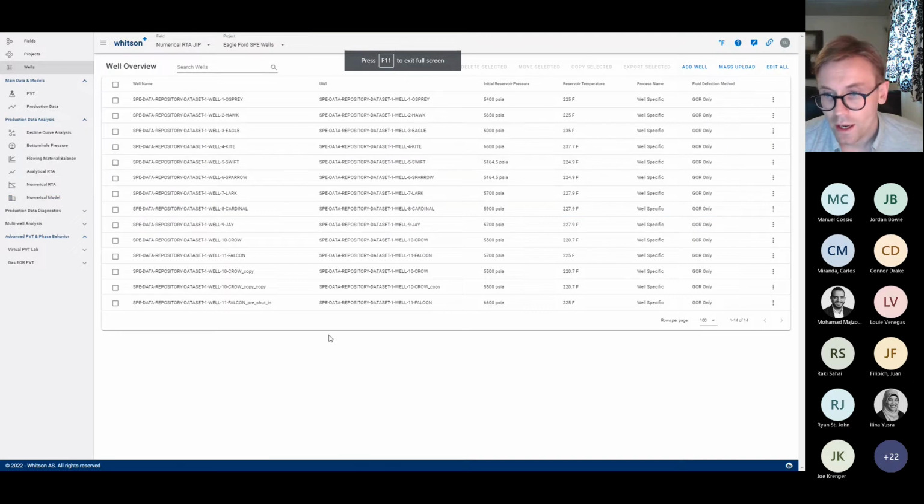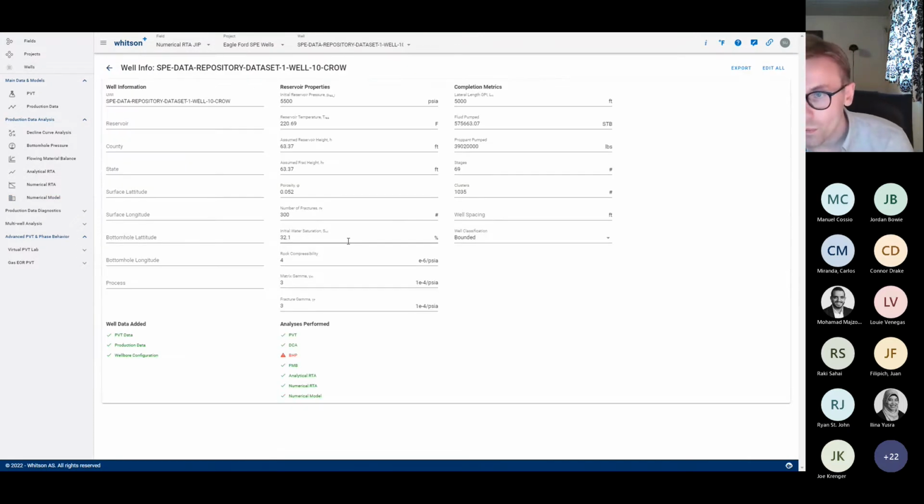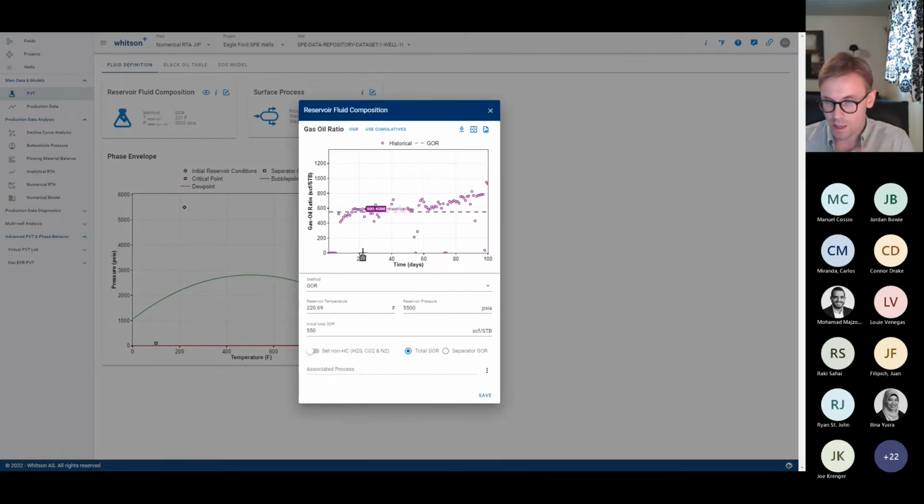The next well that I thought we could take a look at is this Crow well. The Crow well is one of the other SB data repository wells. It's very similar in terms of what you would do in steps A 1 to 5. This was one of the wells I actually wanted you all to run yourselves, to do your own interpretations when it comes to the GOR.